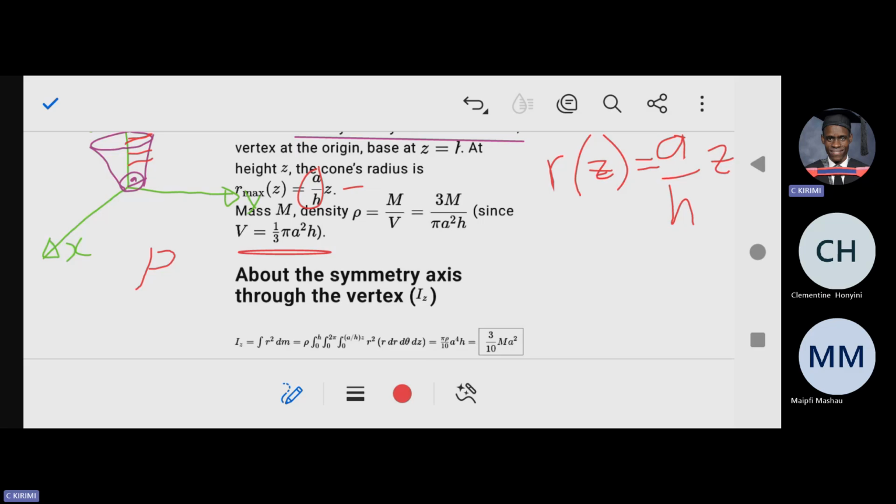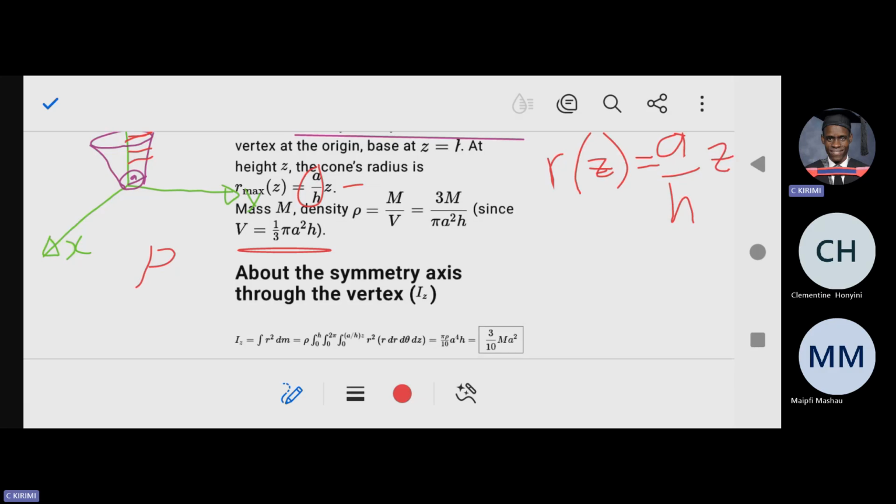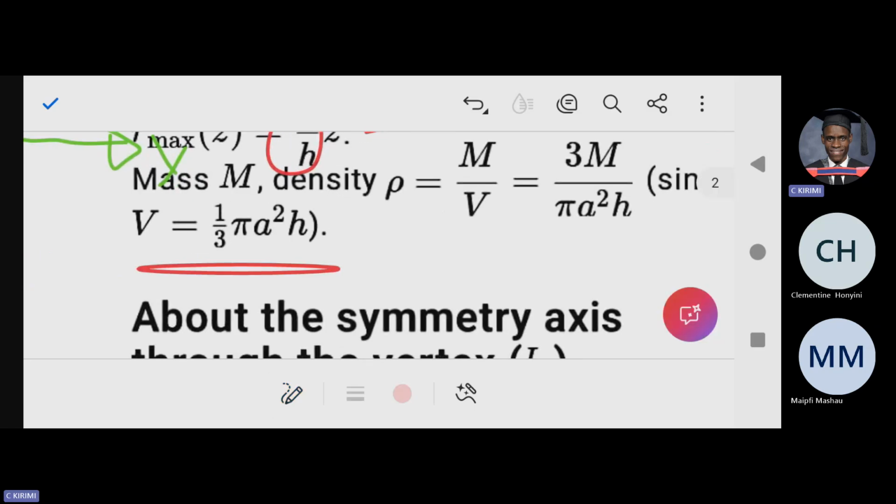It's 1/3 pi r squared multiplied by the height. So in place of r, what do we put?